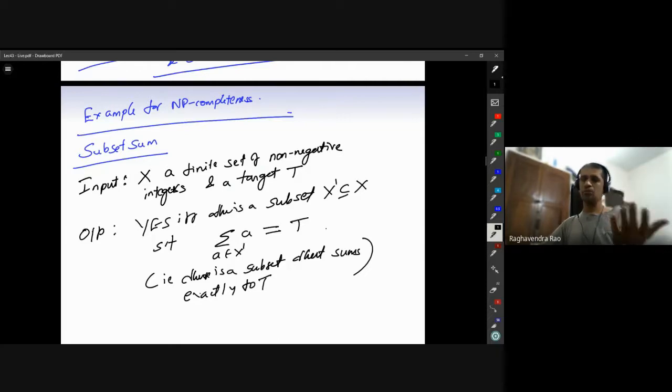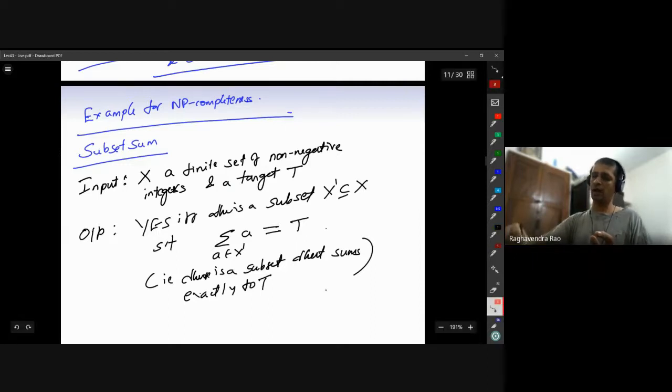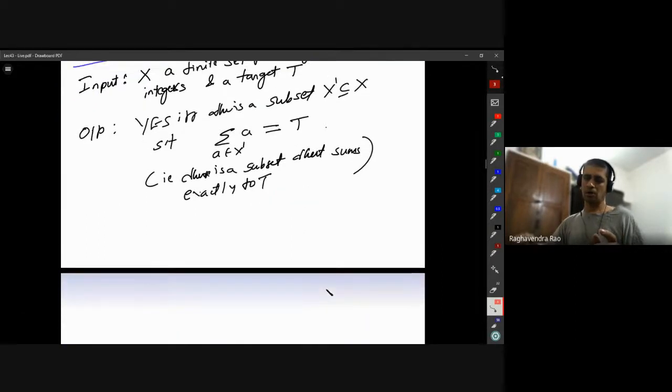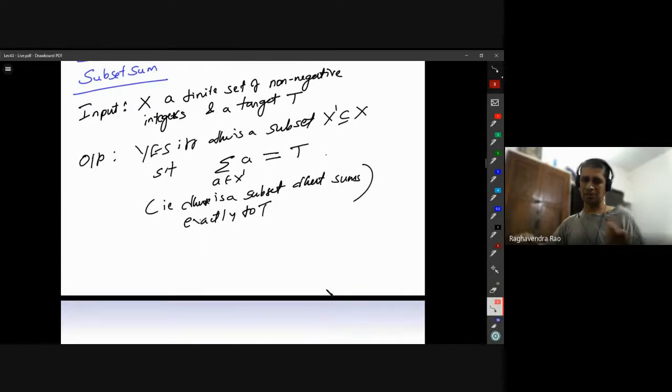Or sometimes you may not even be given a k. So you have to get a subset of objects which basically maximizes value. Here it's a restriction where you have a target value, you have to exactly match the value. So this is a decision version. We call this subset sum. In some contexts, I think it's even called integer knapsack.